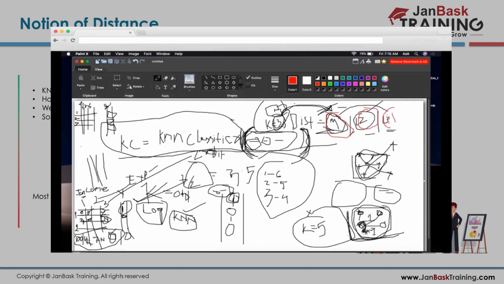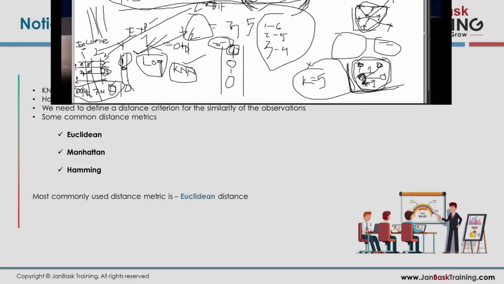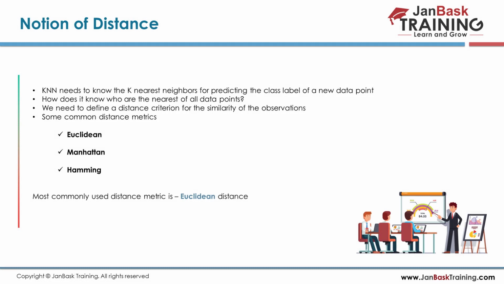Hamming is not used much. For the most part, it's always advisable to go with the L2. So there are three hyperparameters, and you have to pass one of them. There are others also, but we mostly use Euclidean distance.